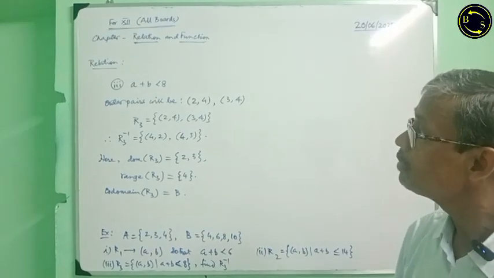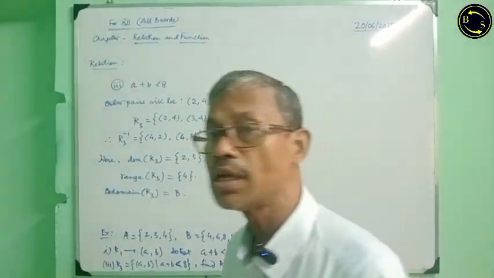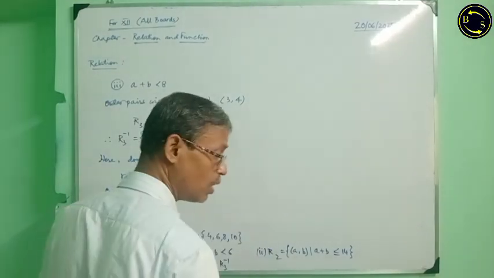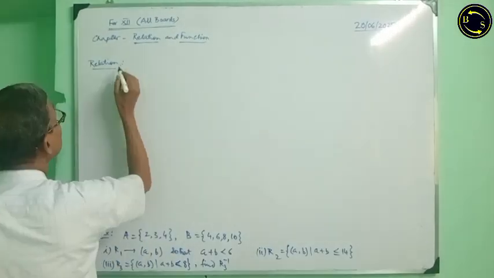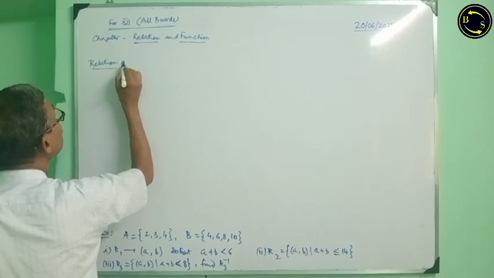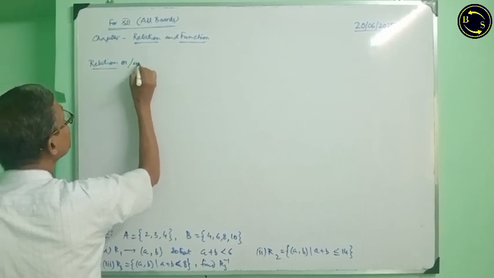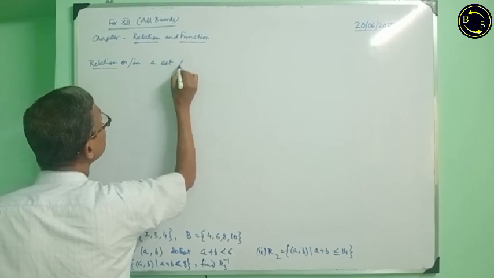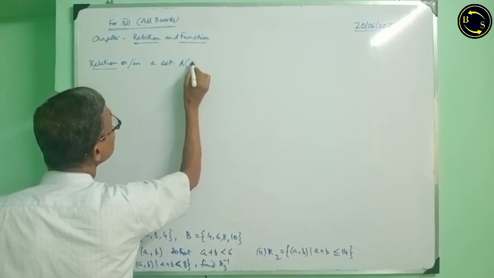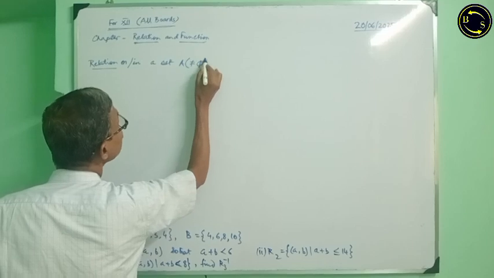In the class 12 part, we have relation on a set, or relation in a set, of course a non-null set.